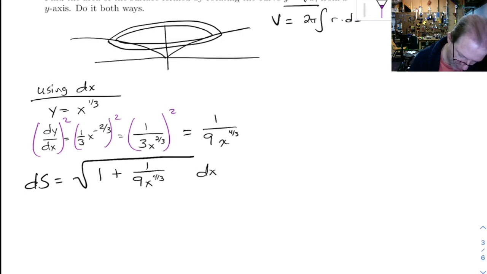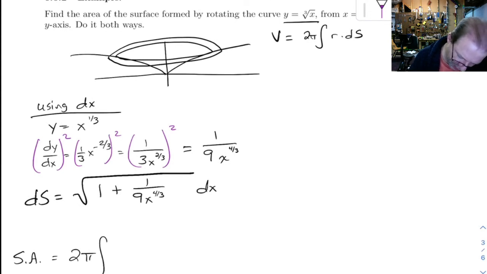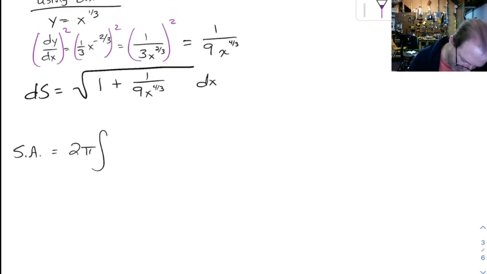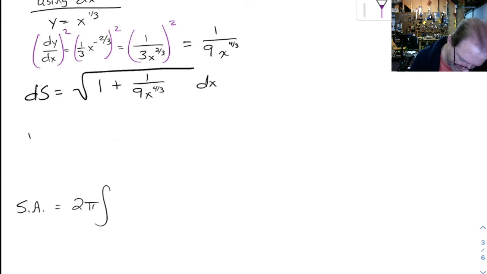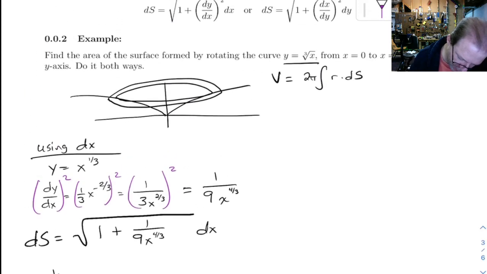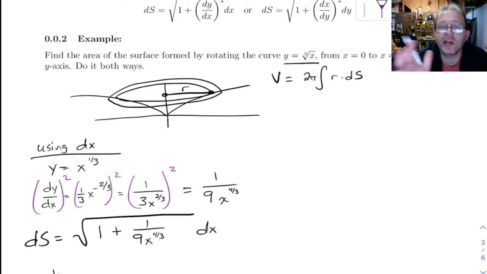So our ds is going to be square root of 1 plus 1 over 9x to the 4/3 dx. And so our surface area is going to be the integral of, let's see, what's the radius in this case? Actually, let me write that down before I do the surface area. If we come back up here and look at it, the radius goes from here out to there. And if we're looking at this in terms of x, the radius is just x.